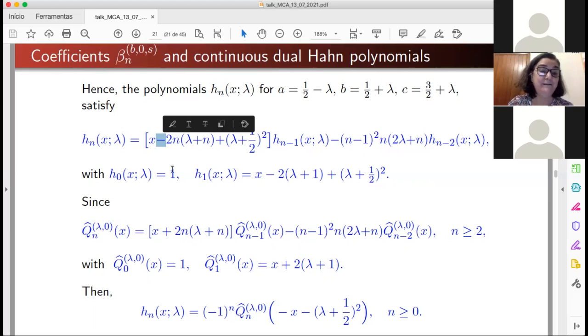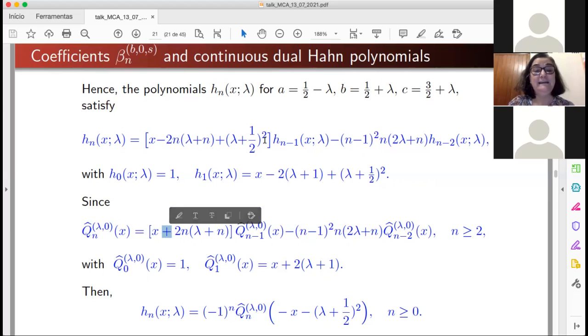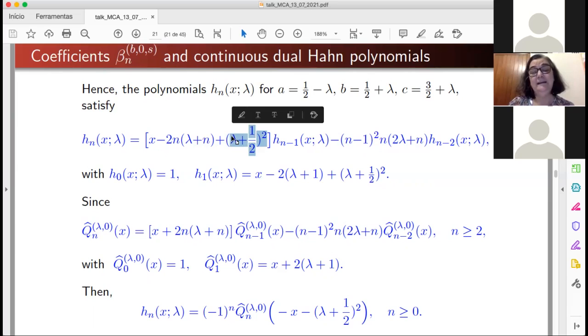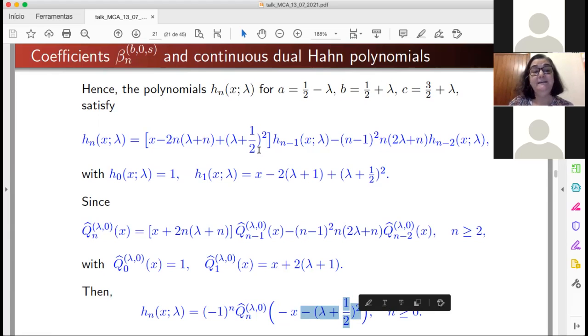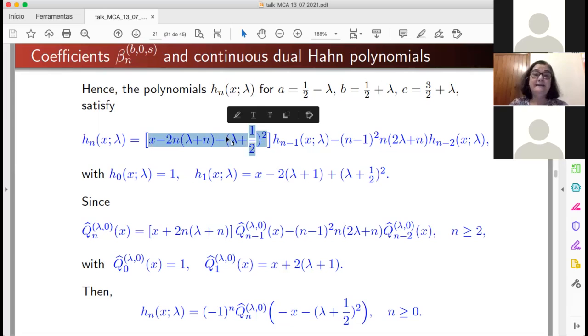Here we have minus, here we have plus, and the Hahn polynomial has this added term, as we can see before. So the Hahn polynomial can be given as (-1)^n Qn hat of minus x, because of this difference here, and minus this quantity here. That is the relation that we got, and one of the main results of this talk.